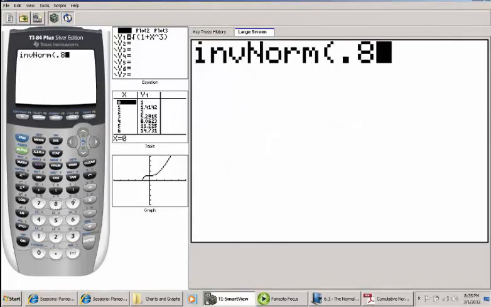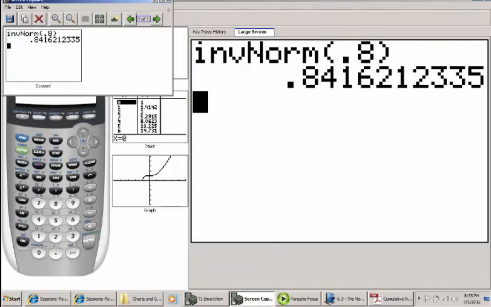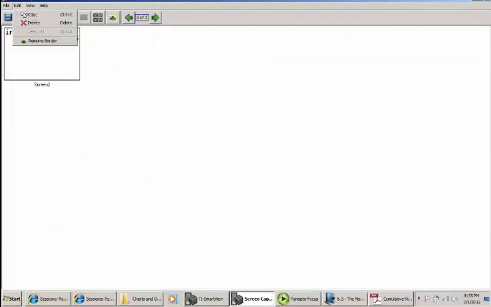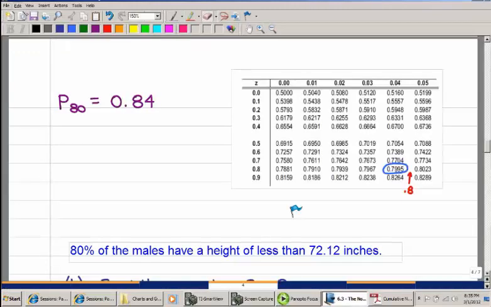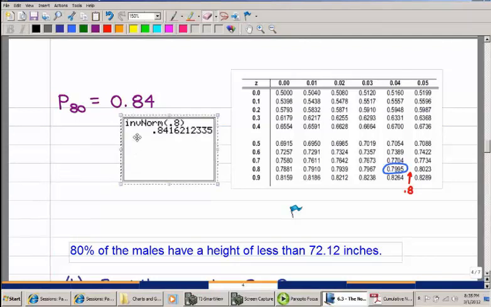Inverse norm 0.8. And there we have 0.84. Okay, let's copy that. So either way, use the chart, we can use the calculator, whatever is convenient for you.